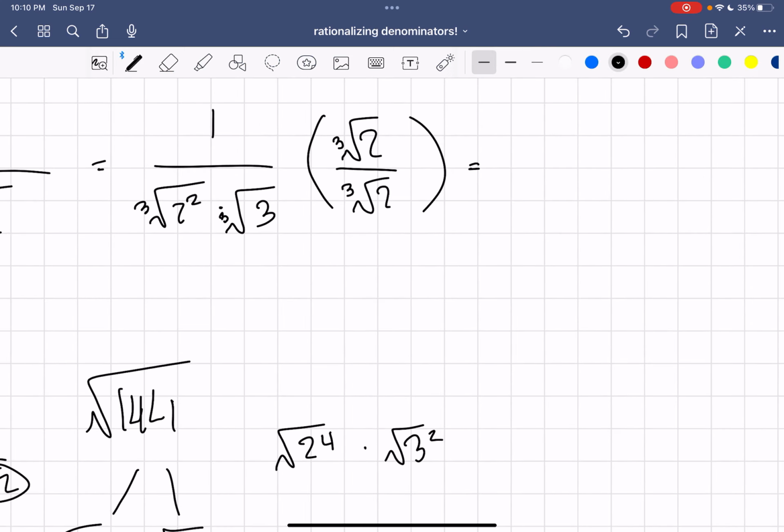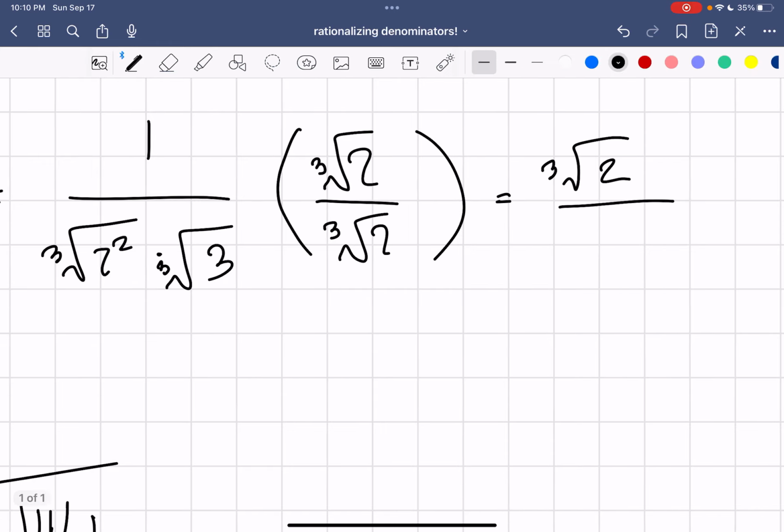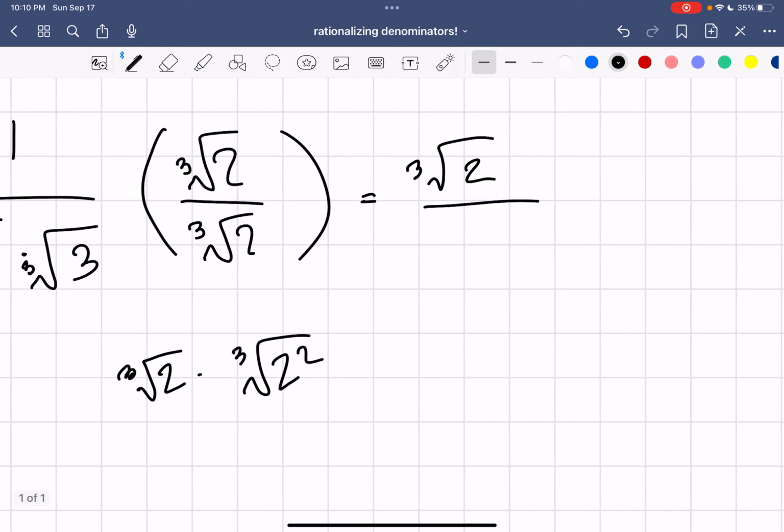And then you get the cube root of 2 over, what is this? Cube root of 2 times cube root of 2 squared. What would that be? Oh, I forgot, you just multiply the things inside.